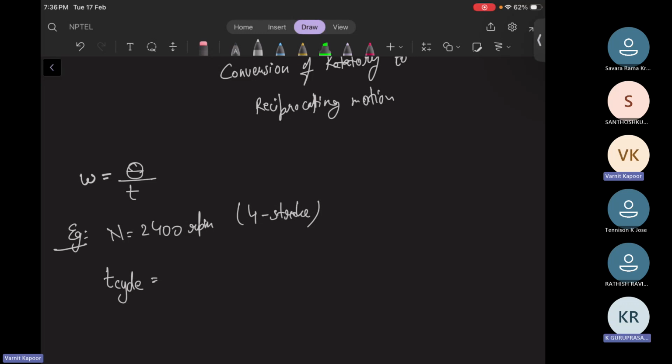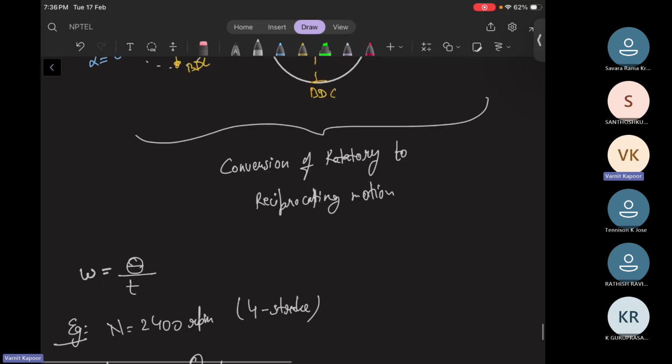Theta is the angular displacement. So let me write theta of cycle over omega of cycle. Theta of cycle for a 4-stroke engine: how many complete revolutions will happen? There will be 2 complete revolutions.